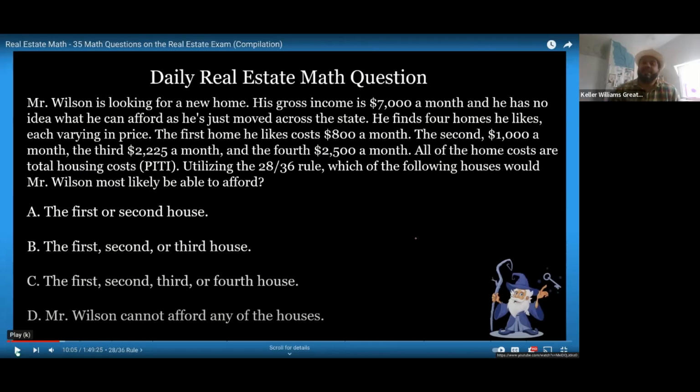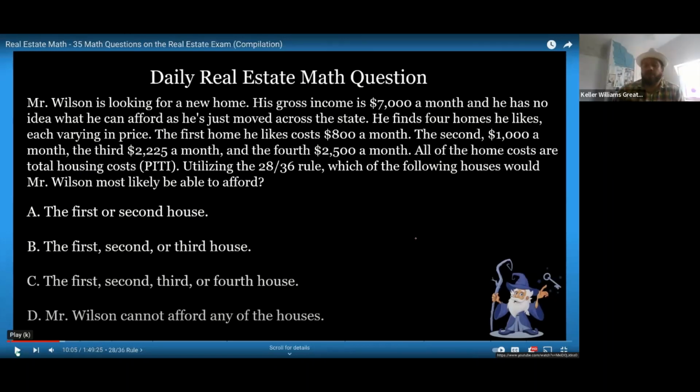Because you still take that 7,000, multiply it by 0.28, and that's what's going to give you your qualifier. So anything under that amount he can afford. Anything over that amount he would no longer qualify for. And remember, total housing cost. Yeah, but if the fourth house is 2,500, wouldn't he still qualify?